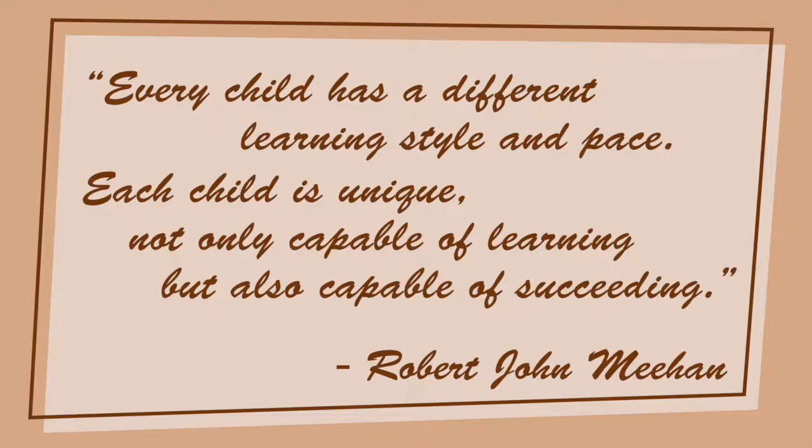Yay! The American educator and poet Robert John Meehan has been credited with the following quote: "Every child has a different learning style and pace. Each child is unique, not only capable of learning, but also capable of succeeding."